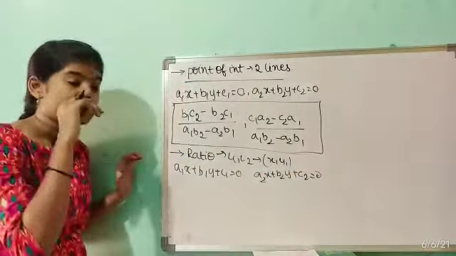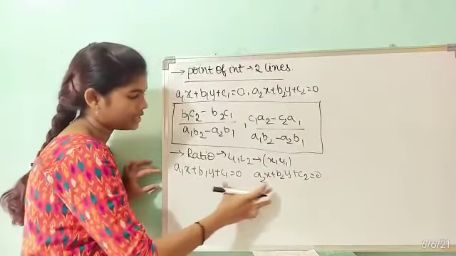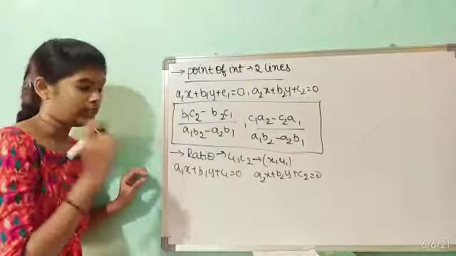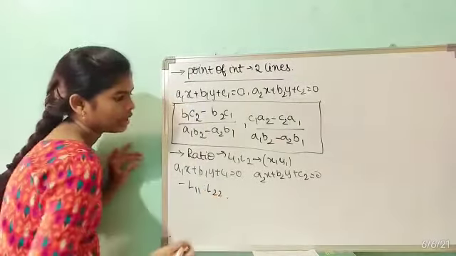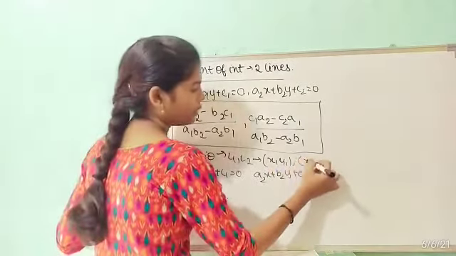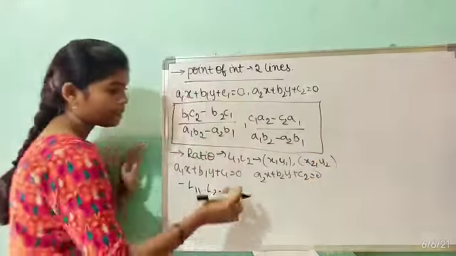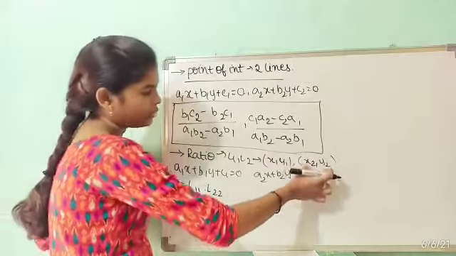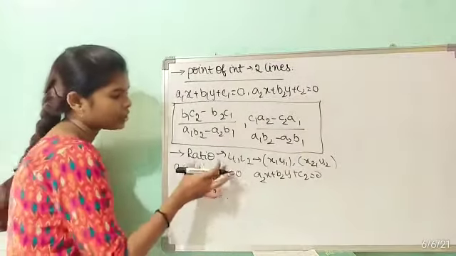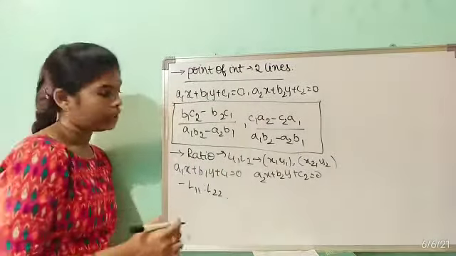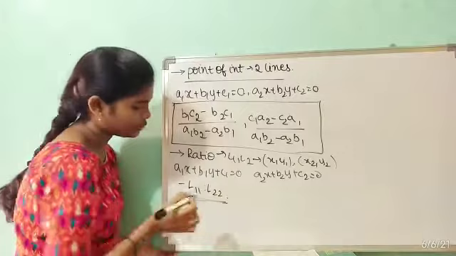So what is the ratio in which a line divides these points? Suppose we have two points, x1, y1 and x2, y2, and we have these two equations as well. So in which ratio do these divide? It will be like minus L11 is to L22.